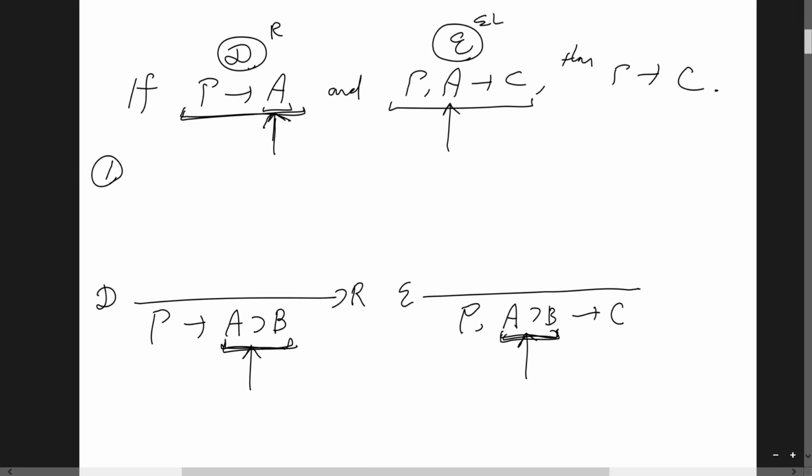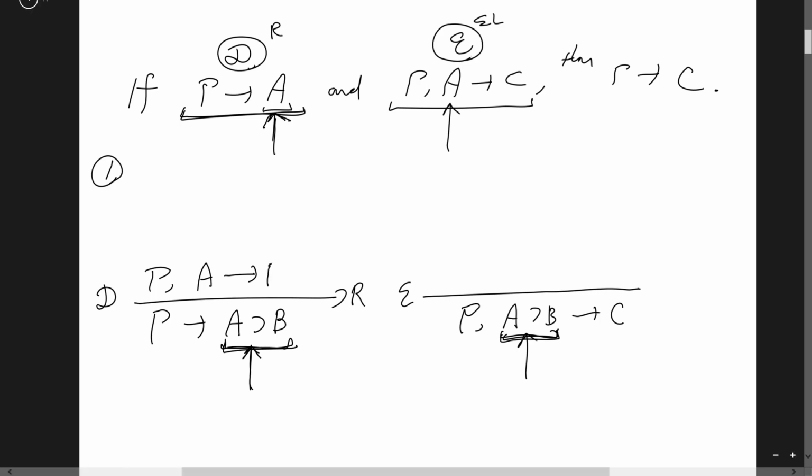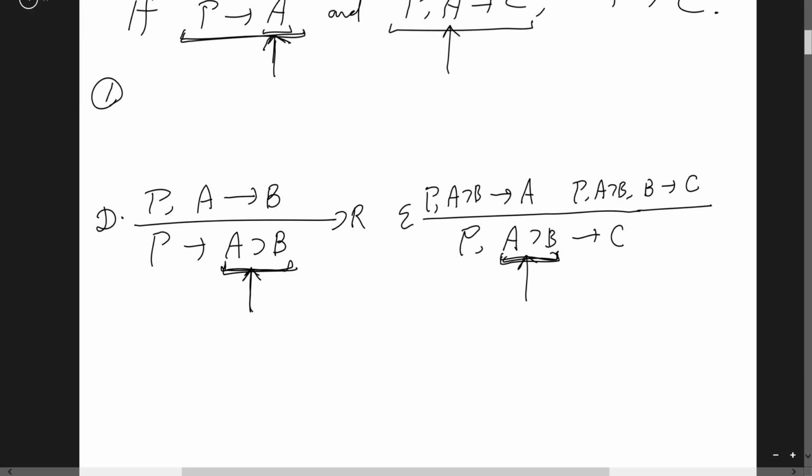And the premise of the first sequent is gamma, A arrow B, and here the premise goes gamma, A implies B leads to A, and the second sequent in the premise is gamma, A implies B leads to C. Okay, so that's the assumption.